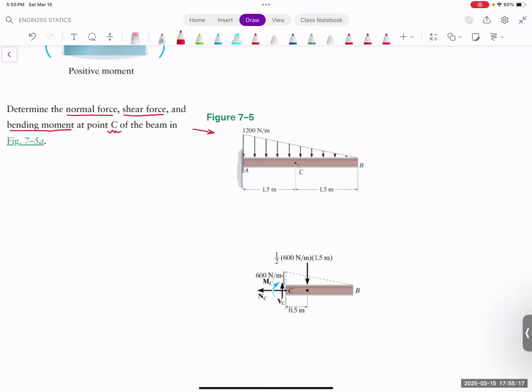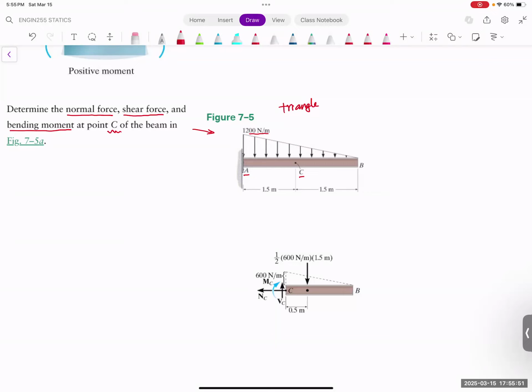Looking at the right-hand side, this beam is fixed at point A, and we want to find the midpoint, which is point C. The loading is a distributed loading in a triangle shape. Meaning at the beginning the loading is larger, and at the end the loading is smaller. It starts with this number here, which represents 1200 Newtons per meter.